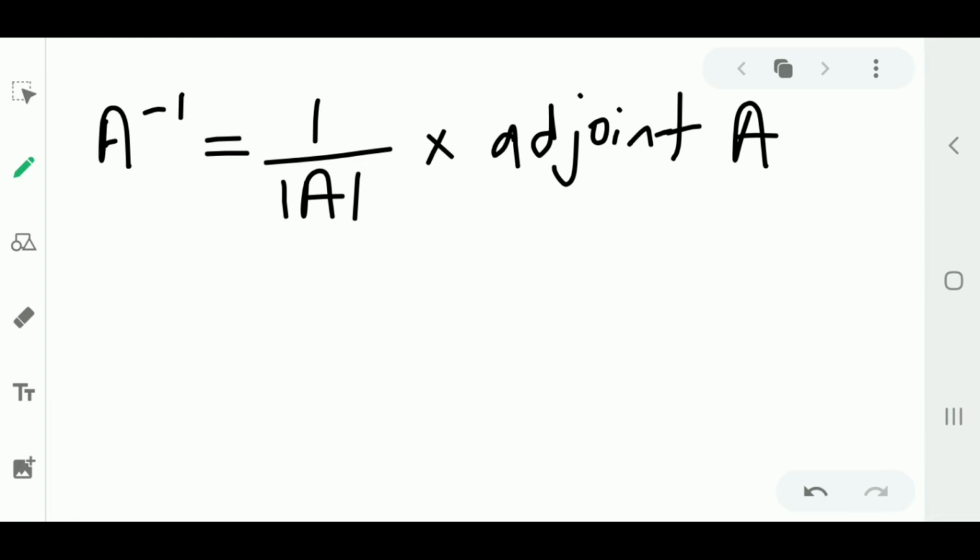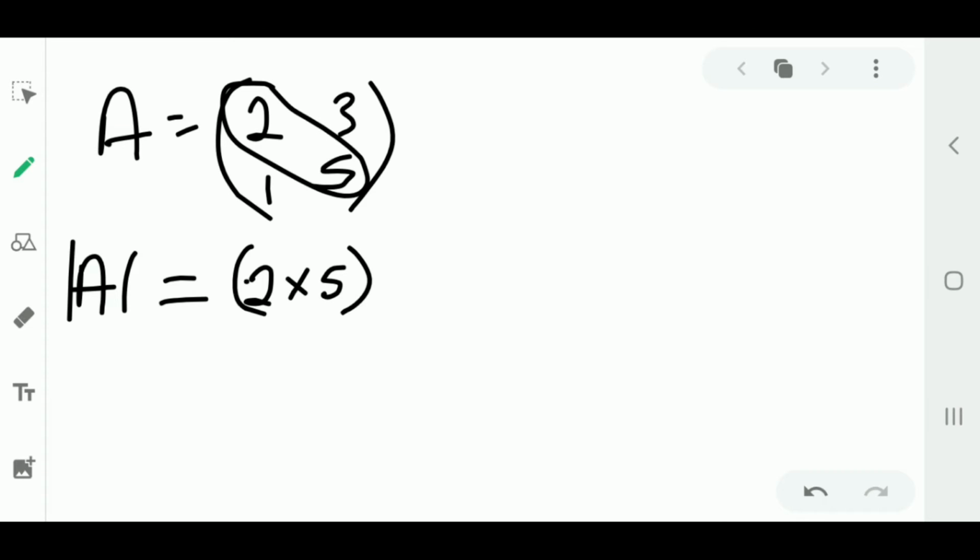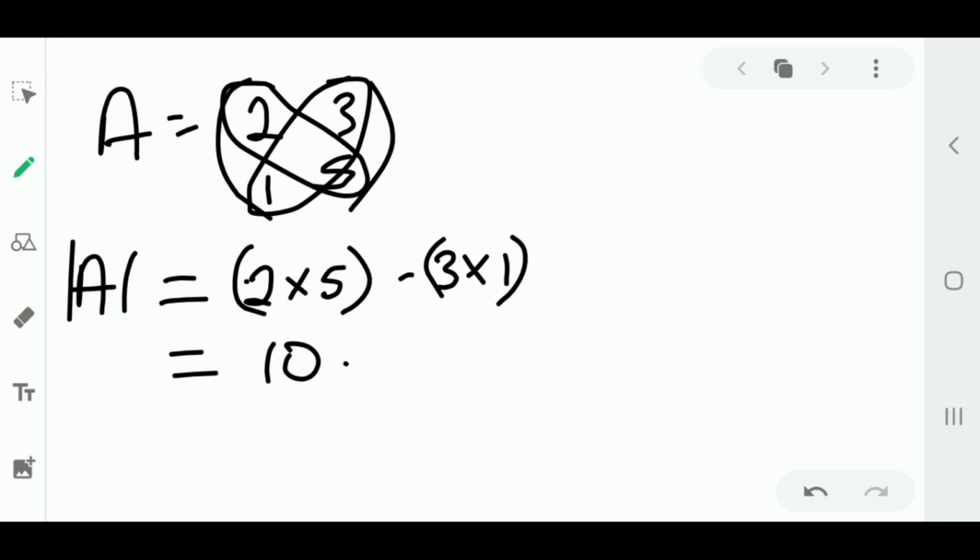of A. Say we have A is equal to 2, 1, 3, 5. The first thing we need to do is find the determinant. And that we do by saying the leading diagonal, 2 times 5, minus this diagonal here, which is 3 times 1. So 2 times 5 is 10, minus 3, so the determinant is 7.